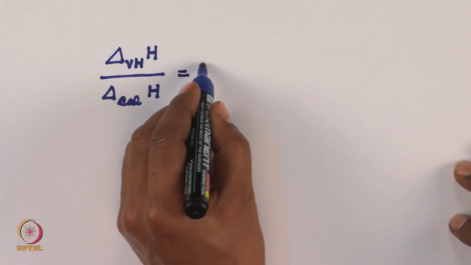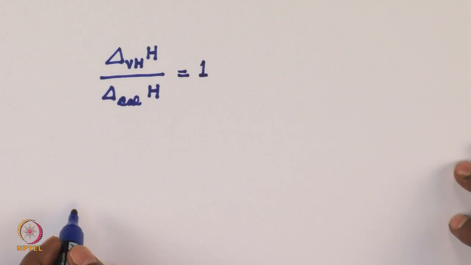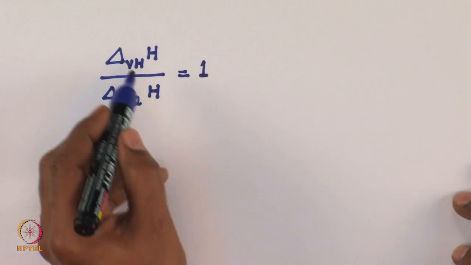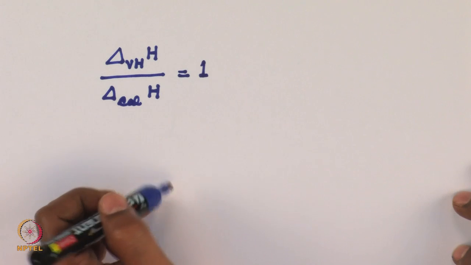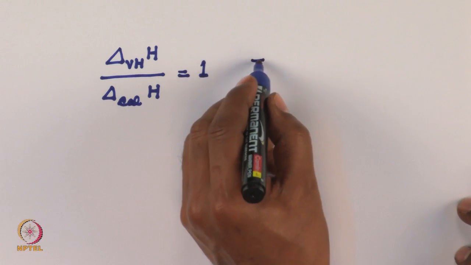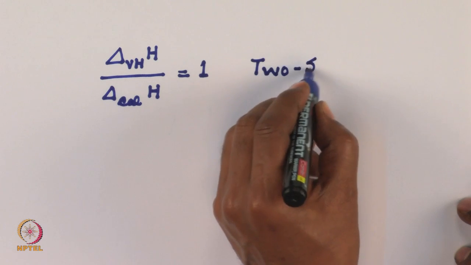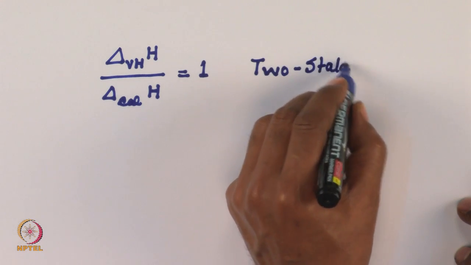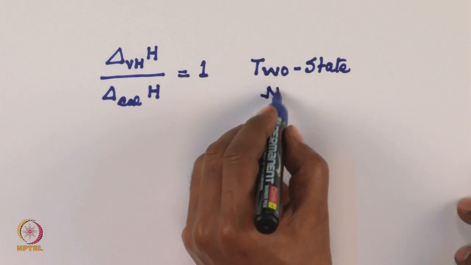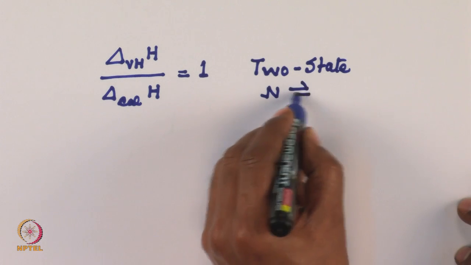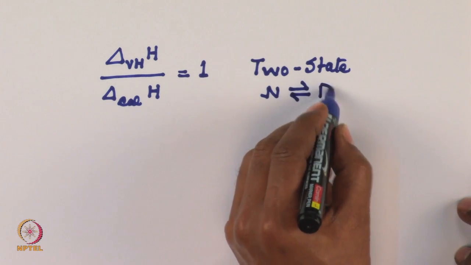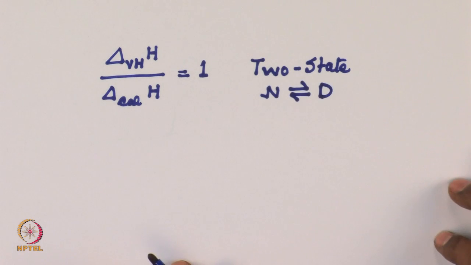Suppose this is equal to 1. We have earlier discussed that if Van Hoff enthalpy is equal to calorimetric enthalpy, then the unfolding process is two state. Two state means either native state is significantly populated or denatured state is significantly populated.